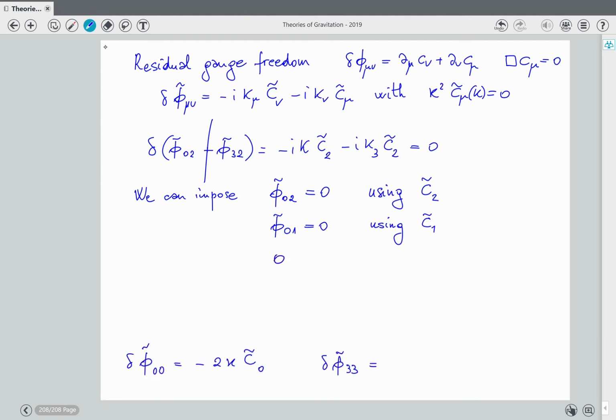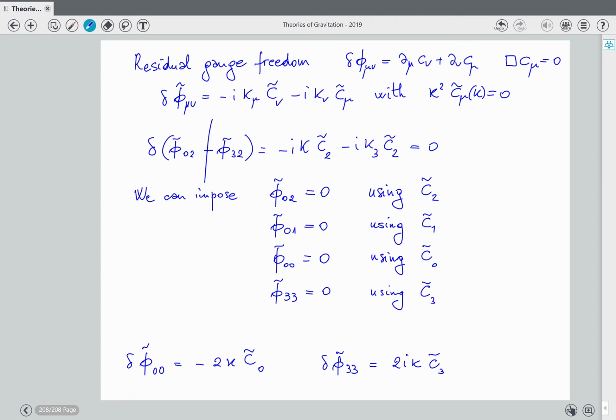So phi tilde 0, 0 equals 0 using c tilde 0. And phi tilde 3, 3, we have 3, 3 that just changes the overall sign. So you can also impose phi tilde 3, 3 equals 0 using c tilde 3.